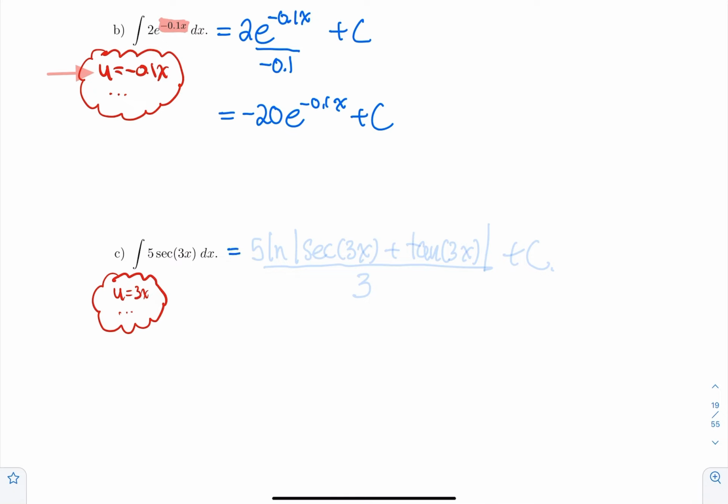So I'm going to write 5, the coefficient stays, ln of secant. So be careful, now the inside is 3x everywhere, so secant of 3x plus tangent of 3x, and you need to divide by 3 because the slope is 3, plus c. Again, you can also do it by using a substitution, but I used the trick for those examples.